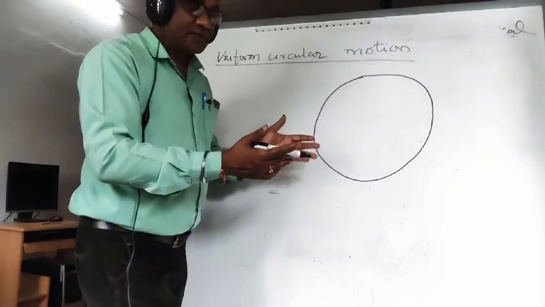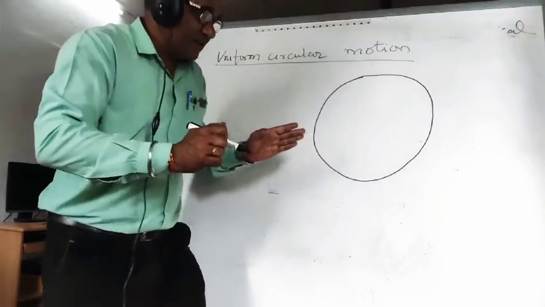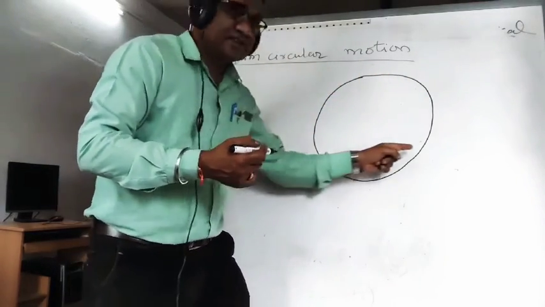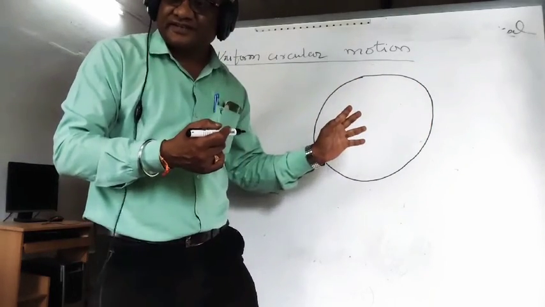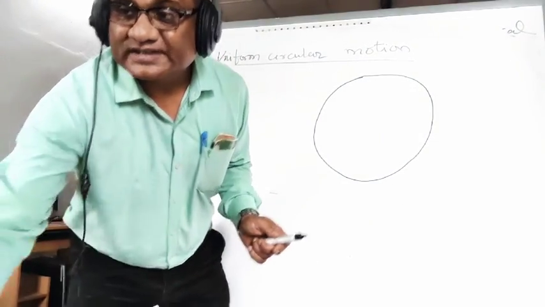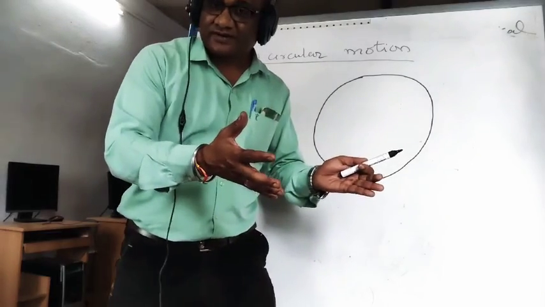Maybe. Try to understand one more definition of uniform circular motion. When a body is moving in a circular path with a constant speed, the speed is constant. But later on I can say that uniform circular motion is an accelerated motion.